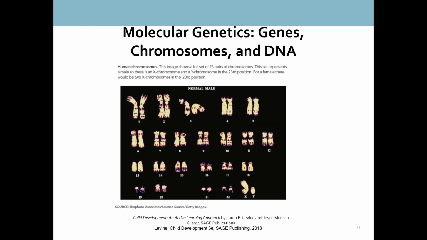Then at the very top of the right member of pair number 1 would be the eye color gene from my mother. So they pair up across from each other. The same type of genetic information is contained all along the pair of chromosomes, one chromosome coming from your father, one from your mother, and together they will determine your characteristics.